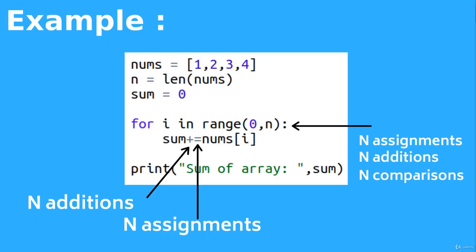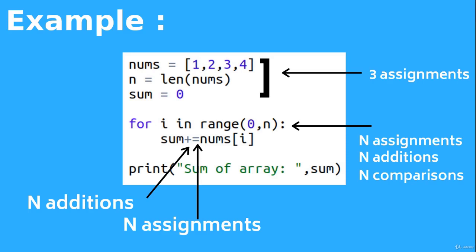We also do n comparisons, because each time we increment i, we want to make sure that it's smaller than n, because this loop only goes on from 0 till n. Once i reaches n, the loop should break. So the loop will do a comparison each time it increments i to verify that it's smaller than n. Also, here we got these three assignments before our loop: the nums array, n to the length of the array, and sum initially at 0.